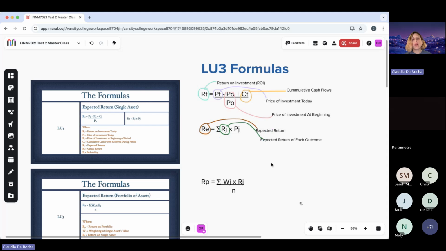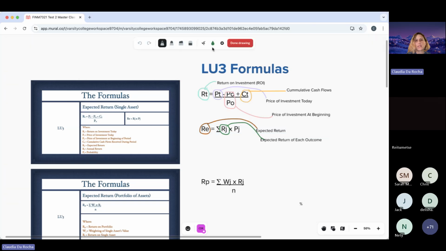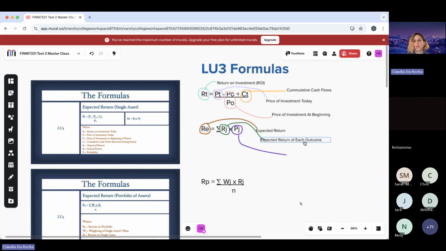So if you have 5 different probabilities, you're going to be adding them all together. So the sum of RJ times P, P being your probabilities. So we will do a question like that today so that you can just understand how to do it if you don't have that understanding yet, or just to help you refresh your memory on that.